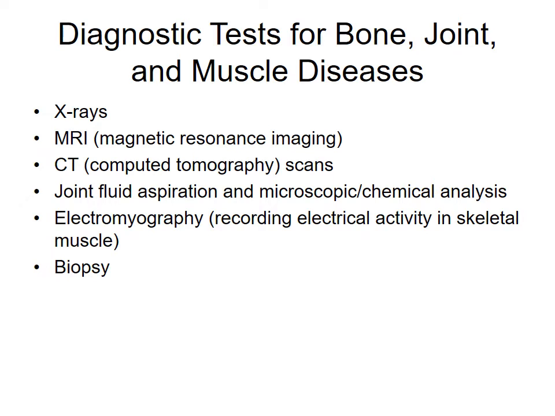Fluid from inside the joints can be aspirated, and we can look and see what's in there. Electrical recordings can be done using electromyography from skeletal muscles to see what's going on with the skeletal muscle. And like always, biopsies can look at the histology of any given tissue.